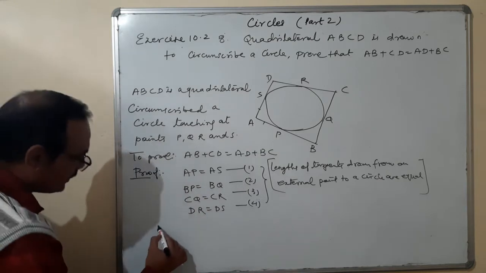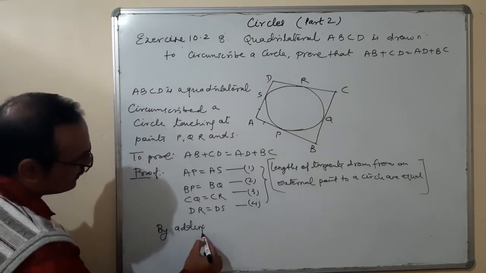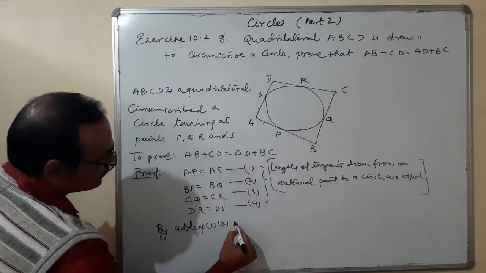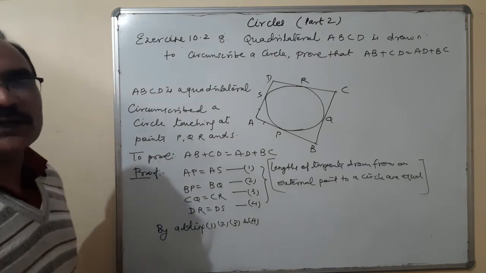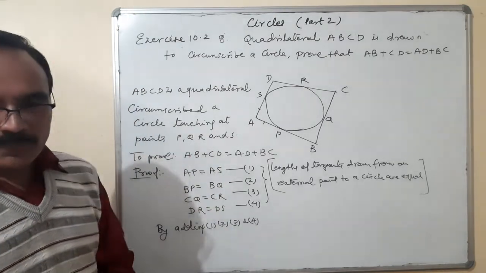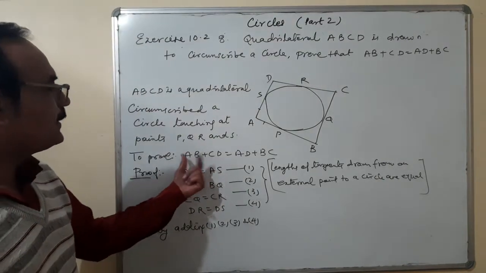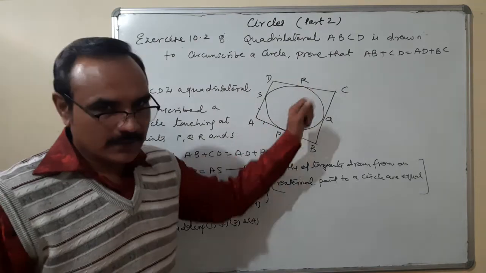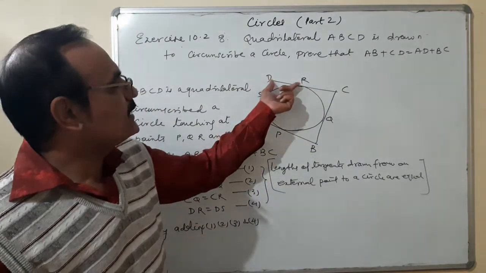After that, we simply add 1, 2, 3 and 4. We are going to add these 4 equations, but at the time of adding you should be very careful. Since we are proving AB plus CD, AB has 2 parts, AP and PB, and CD has 2 parts, DR and CR.